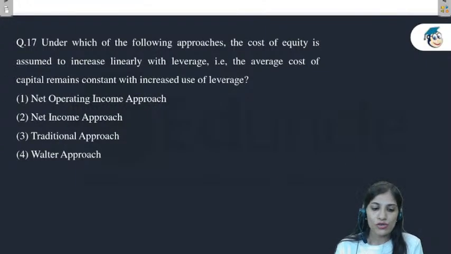Coming to the next question. Under which of the following approaches is the cost of equity assumed to increase linearly with leverage, while the average cost of capital remains constant with increased use of leverage?